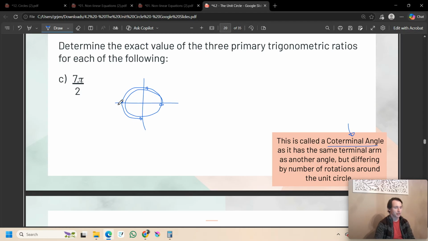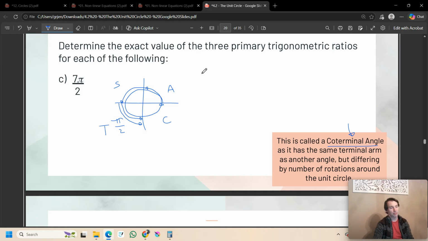So our reference angle here is pi on 2. Okay, it's 90 degrees. All right, that's our reference angle. So we have CAST, C, A, S, T, and it's hard to tell which one we're in. All right, so we're gonna take a look at that and just be careful. The x is 0 and the y is -1.